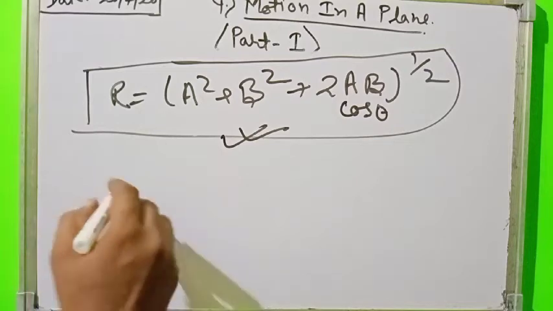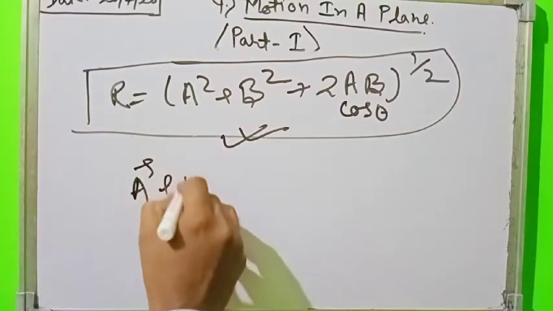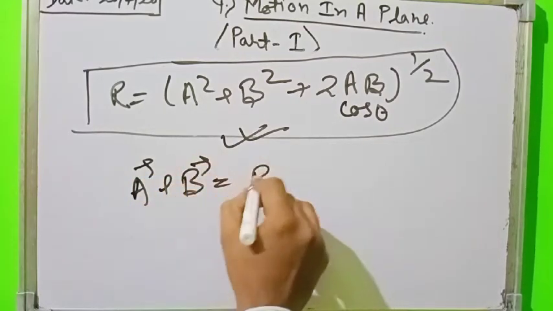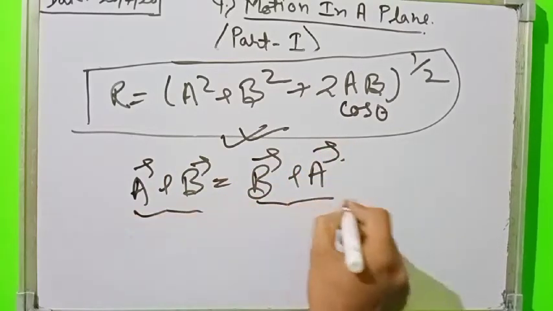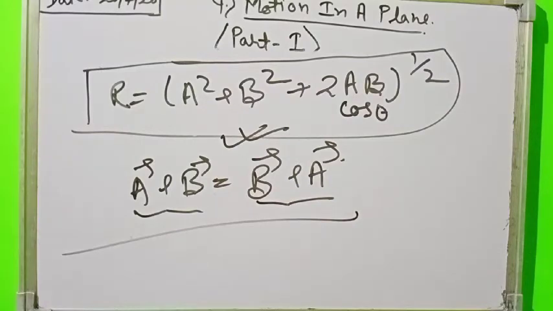And commutative means if the position of A and B is interchanged, both the results are equal.